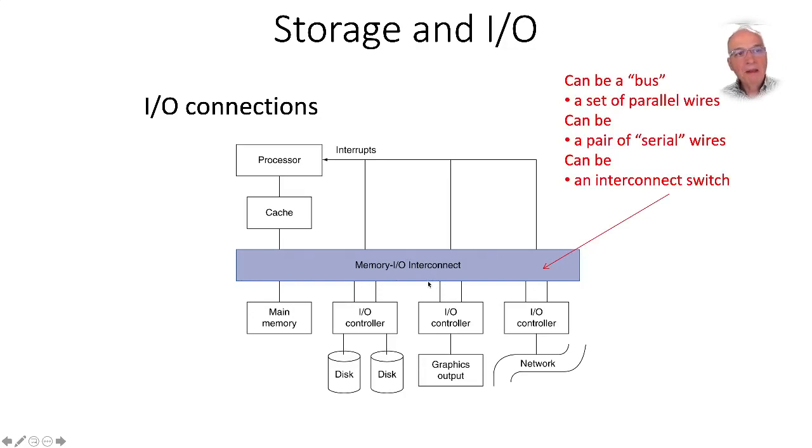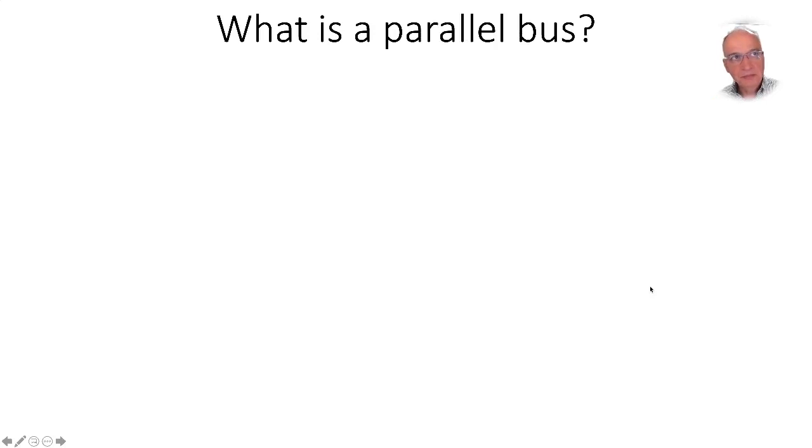This interconnect that connects with the memory and with the other devices can be a bus, and a bus is a set of parallel wires, or it can also be a pair of serial wires, or some kind of interconnected switch. So what is a parallel bus?